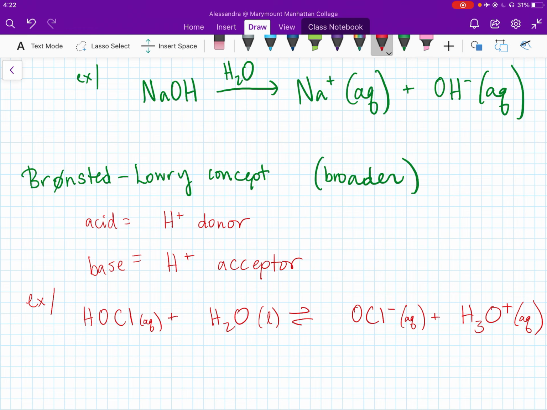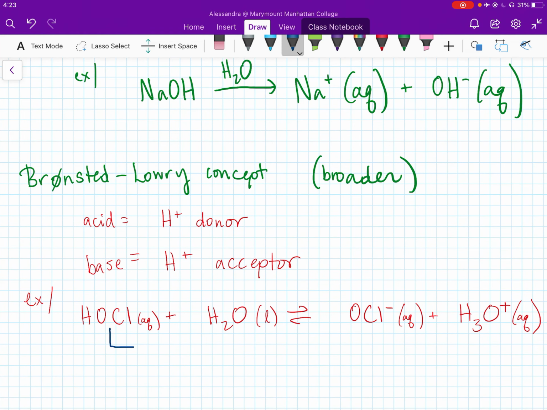Let's use the Bronsted-Lowry concept to classify the different species on the left side of this reaction. On the reactant side, we have HOCl and H2O. What is going on here? Which species is giving away its proton and which species is accepting a proton? In order to assess that, we have to look from left to right. As we go from left to right, HOCl loses its proton to become OCl minus.